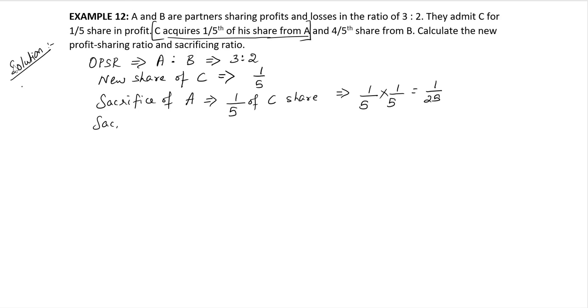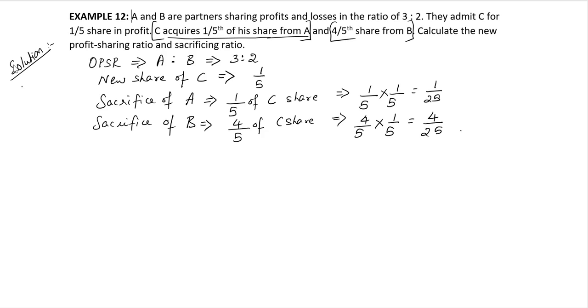Similarly, sacrifice of partner B says C acquires 4/5 of his share from B. So sacrifice of B is 4 by 5 of C's share, or 4 by 5 multiplied by C's share 1 by 5, or 4 by 25.